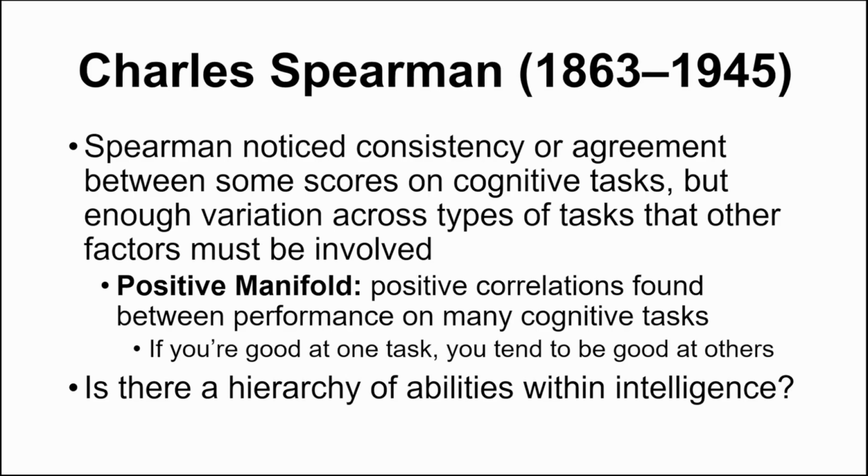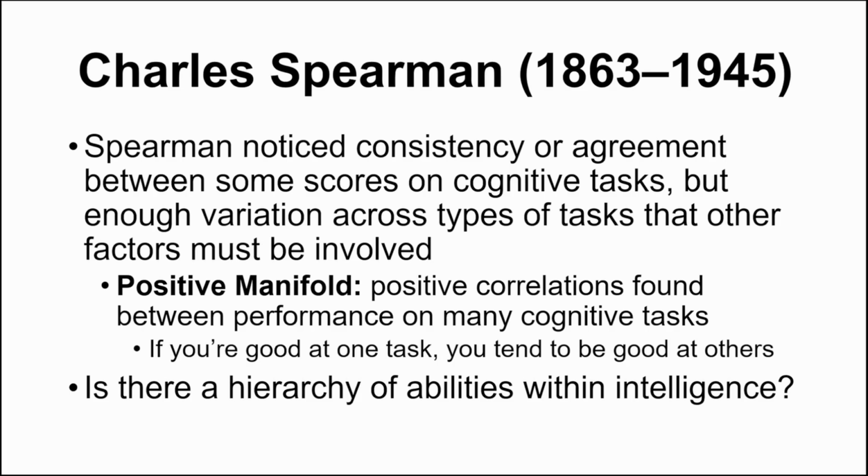But before I run off on that tangent, we're talking about Spearman, who noticed a couple of things. Not only that we have some of these differences across different subjects, but we also see some consistency or even agreement between some scores on our cognitive tasks.